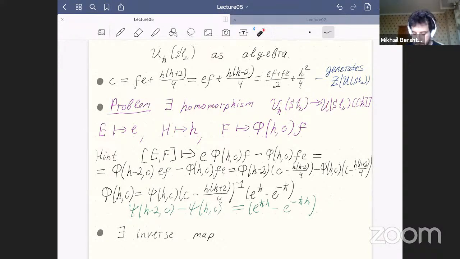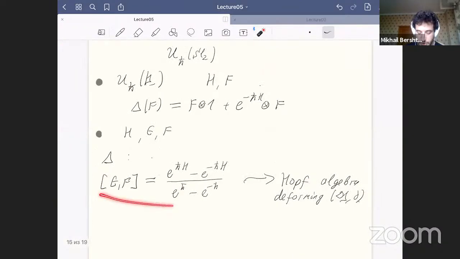Here I give some hint how to prove it. So what one actually has to prove is the relation that the commutator of E and F, which is non-trivial in the universal enveloping algebra of SL2, in the quantum algebra goes to the following. So one should check this relation.